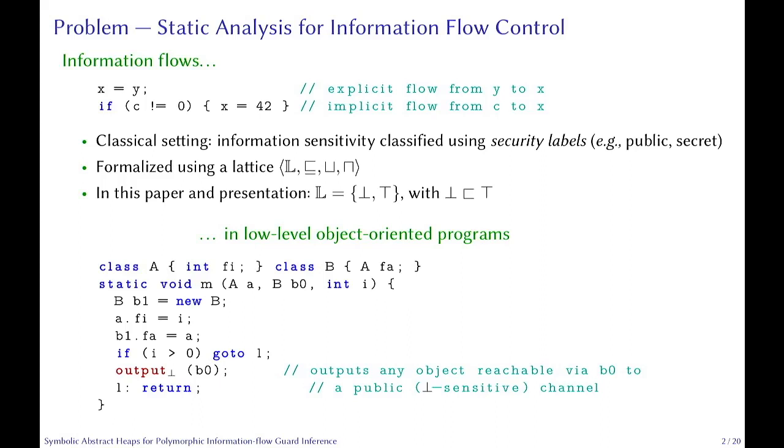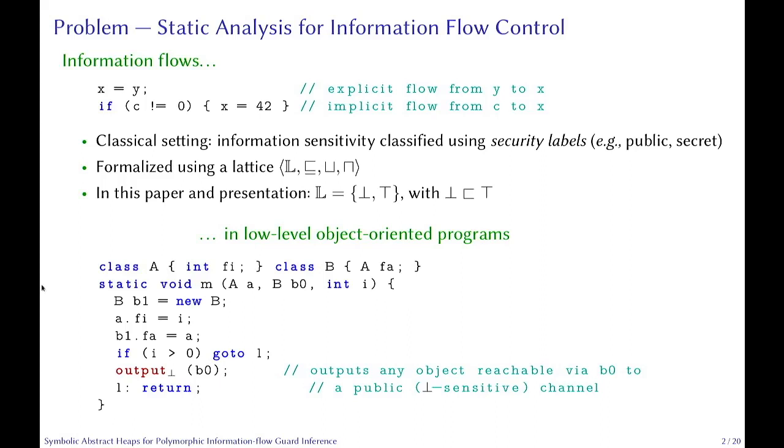For the presentation, we have a special output. It's like a toy output statement that just takes a reference, and we say that it outputs to a public channel, so to the public, any information that might be reachable in the heap from the reference.